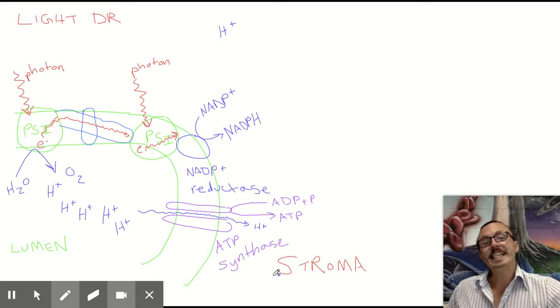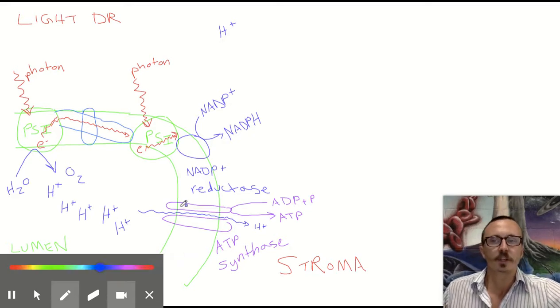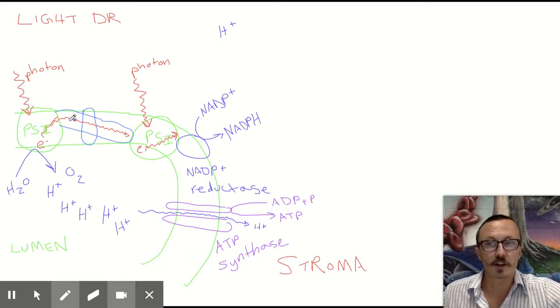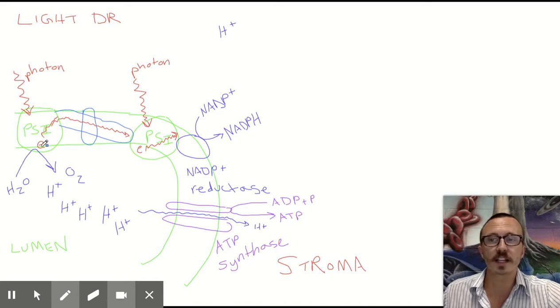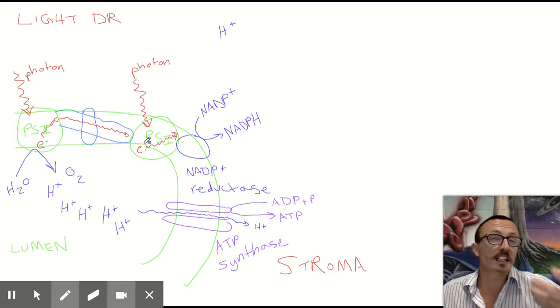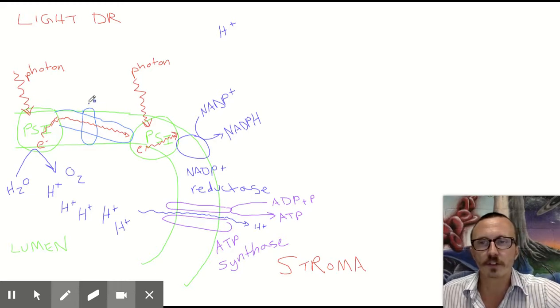And what's really neat is the thylakoid uses the electron transport chain to add even more hydrogen protons to the lumen, right? So up here, when these electrons are excited and they move across this electron transport chain, it's almost kind of like electrical current, and it powers this little protein right here, this little proton pump, and it takes hydrogens from out here in the stroma, these protons, and it pumps them into the lumen.